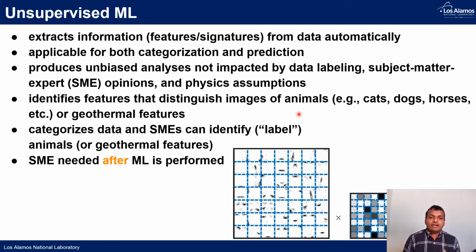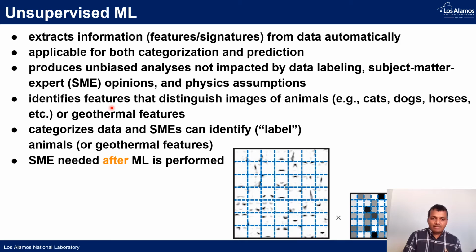On the other hand, unsupervised machine learning basically extracts information from data automatically. It doesn't have inputs and labels or outputs separately. It has all the inputs and outputs in the same dataset and tries to learn the mapping function between all attributes simultaneously. So in unsupervised machine learning, everything is an attribute.